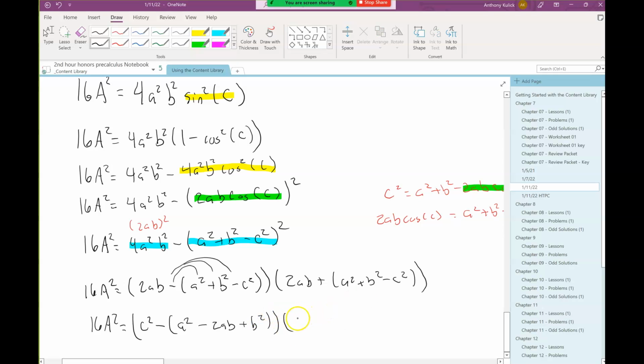And over here, I'm going to have a squared plus 2ab plus b squared, and then minus c squared. Yes? In the second to last line, the second term, is that a c or a parenthesis right after the 2a? Parenthesis. It's 2ab plus parenthesis a squared plus b squared minus c squared. Okay. You're welcome.